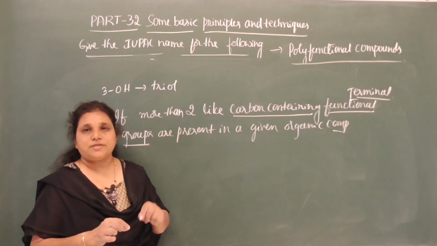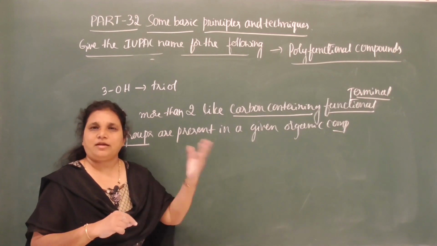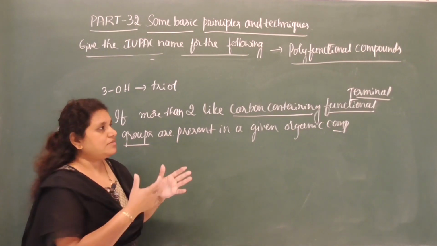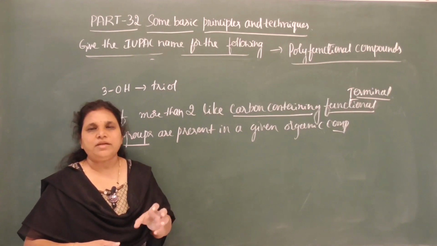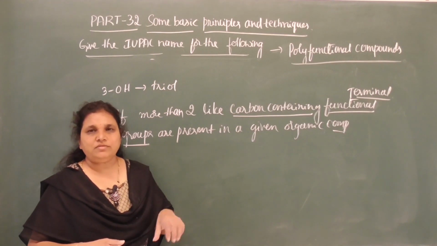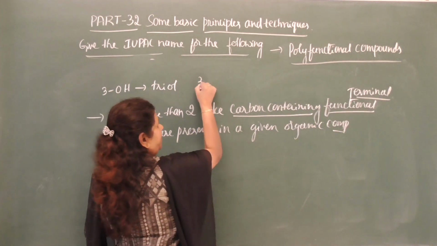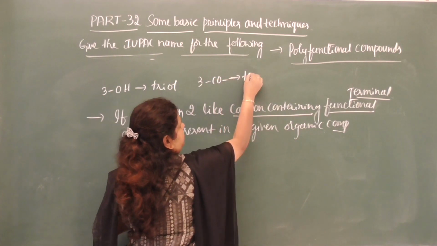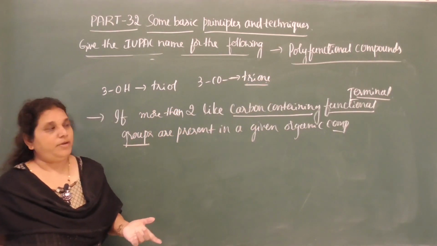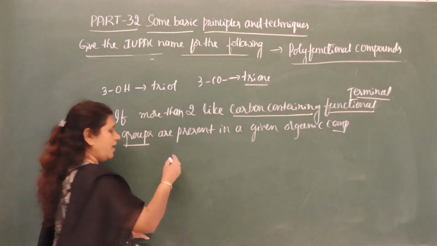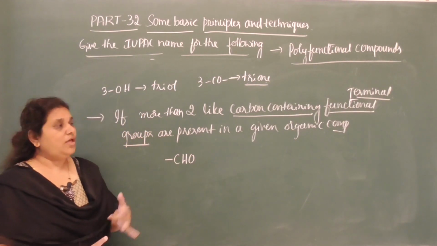Carbon containing functional groups again are of 2 types: the functional group containing carbon may be terminal or non-terminal. What I have selected here is terminal, because for non-terminal nothing changes. When it is non-terminal, for example ketone, if there are 3 ketone groups, you can use the suffix trione. If there are 4 ketone groups, you can write tetraone, because it is a non-terminal functional group. But if you have a CHO group, it is a terminal functional group which contains a carbon. So that is a condition here.